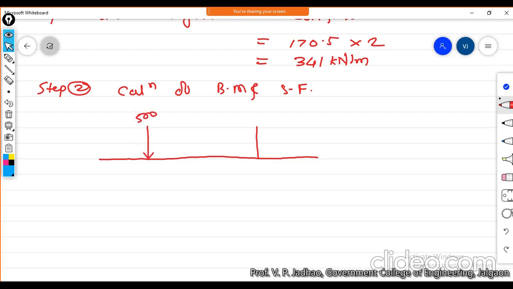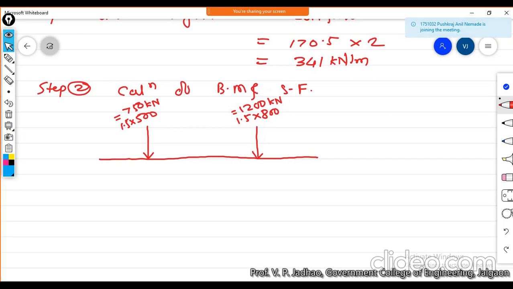Let us convert this into factored load: 500 multiplied by 1.5 equals 750 kilonewton. Here again the load acting is 800 kilonewton, so 1.5 multiplied by 800 equals 1200 kilonewton.